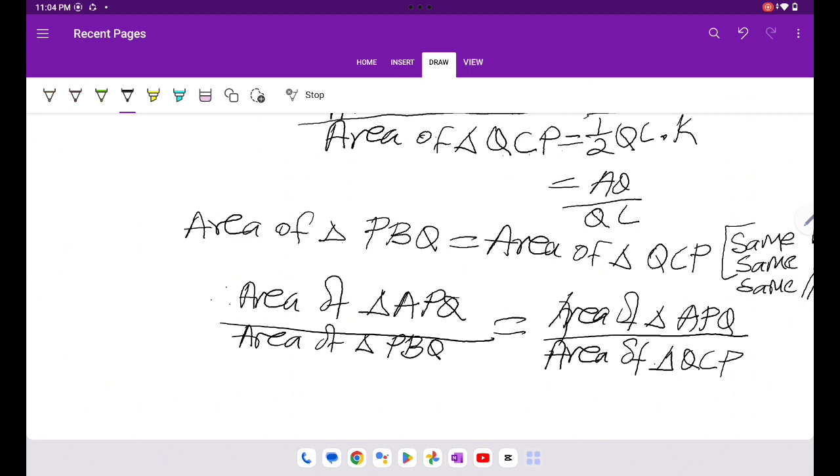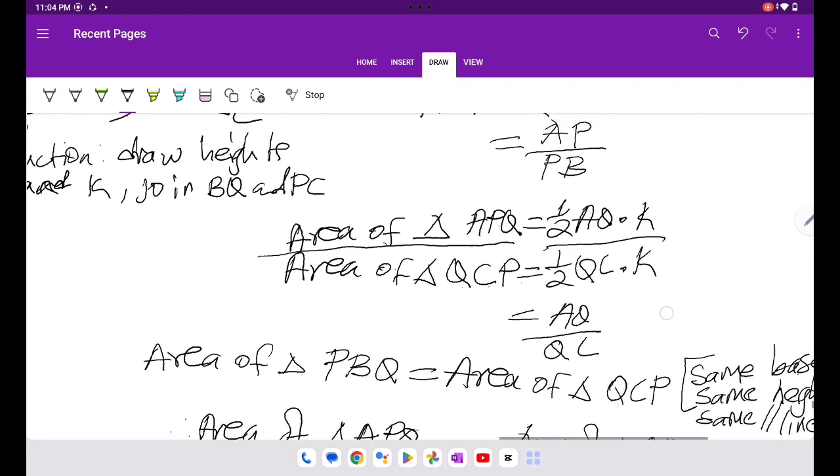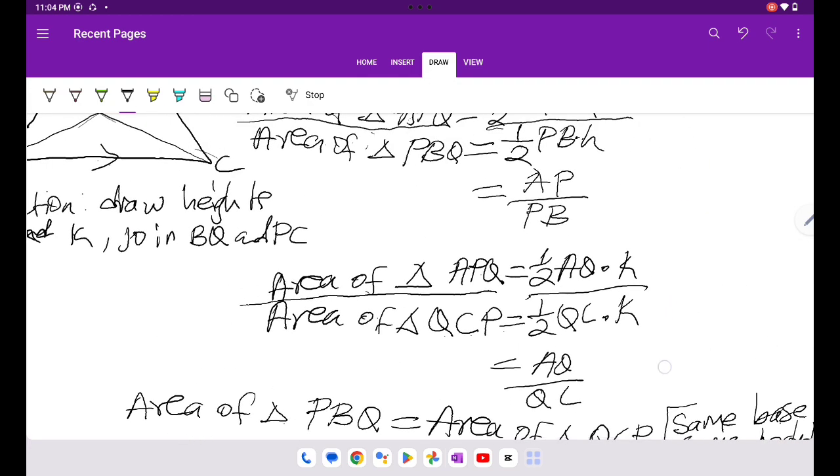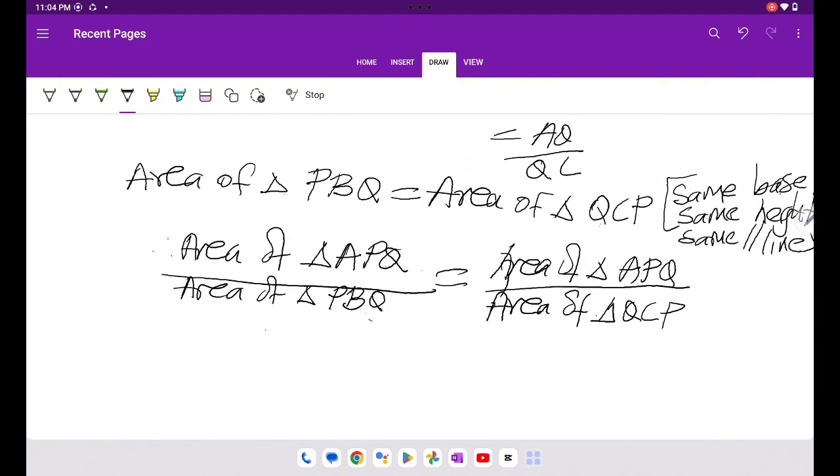Because the two triangles above are the same triangle, and this statement indicated that the area of PBQ is the same as the area of QCP, if we have these triangles divided, it means these are equal. But remember, we said that the area of triangle APQ divided by the area of triangle PBQ is the same as AP divided by PB.